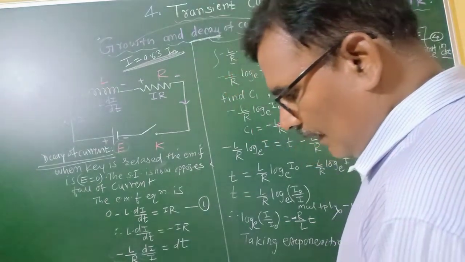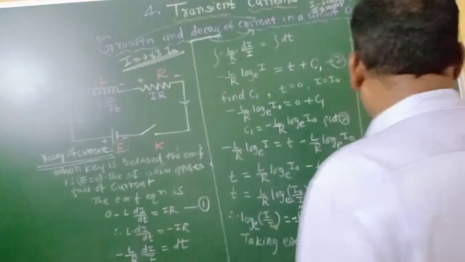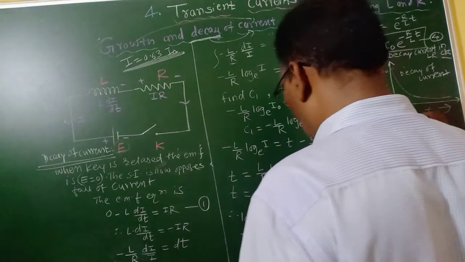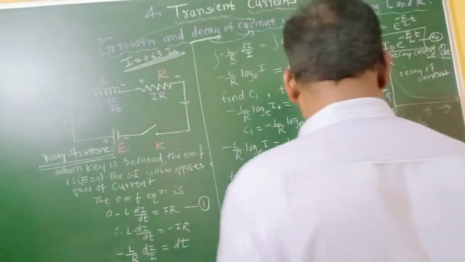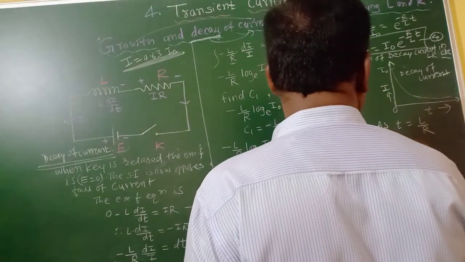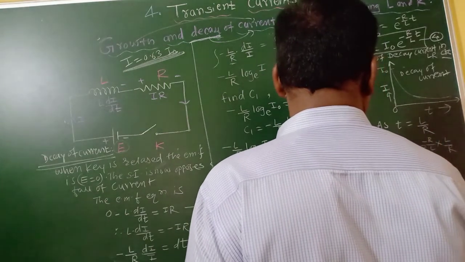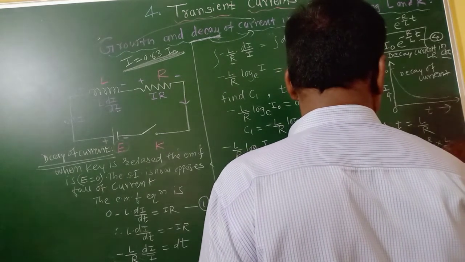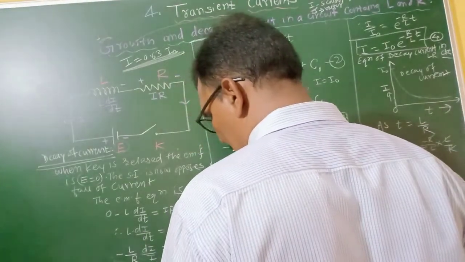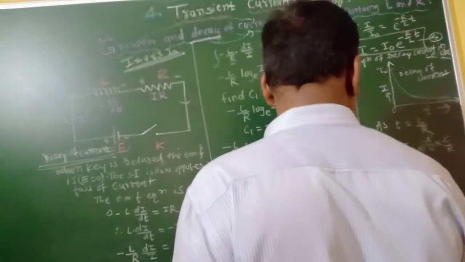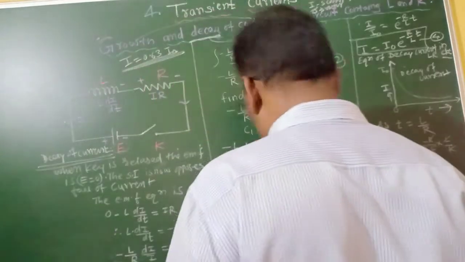After time t is equal to L by R, the time constant, the equation becomes I is equal to I0 e raised to minus R by L into L by R. So I is equal to I0 e raised to minus 1, which is 1 upon e times I0.